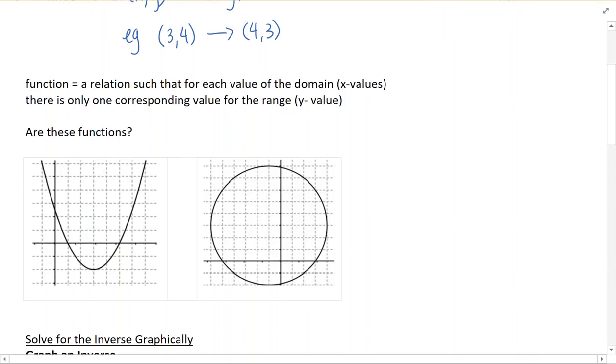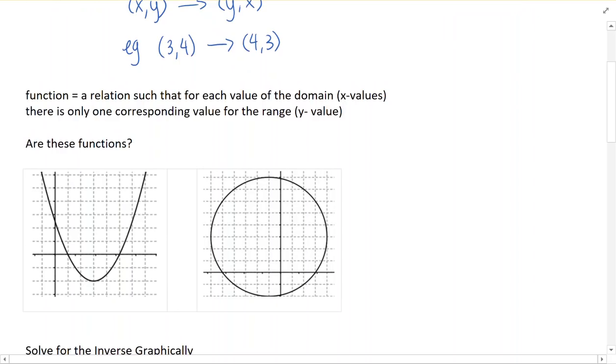So looking at these two examples below, when you're looking at a graph and you would want to determine if it's a function or not, one useful tool that we use is what we call the vertical line test. What that is, if you just draw straight vertical lines on your graph, as long as you're only crossing one point, then yes, we are looking at a function.